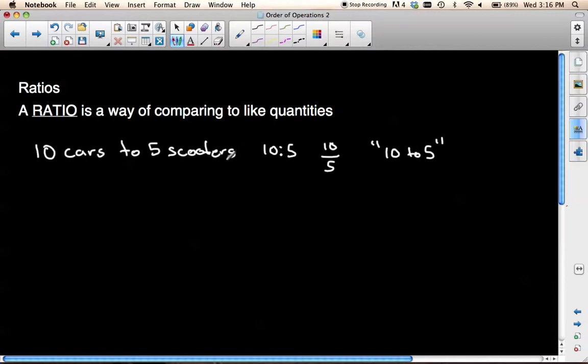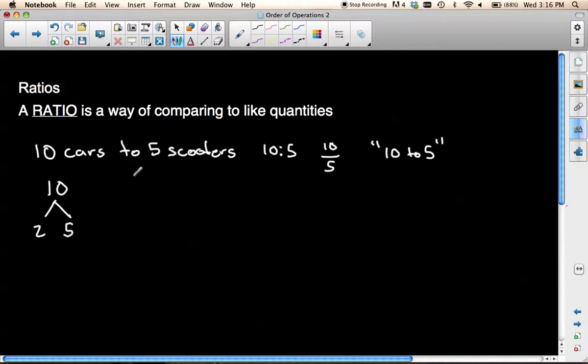So if I were to try and reduce this, I would need to get the greatest common divisor. One way I could do that is to look at 10 to 5 and ask, what are both of these numbers divisible by? Using prime factorization, which we saw last year, 2 times 5 is 10.